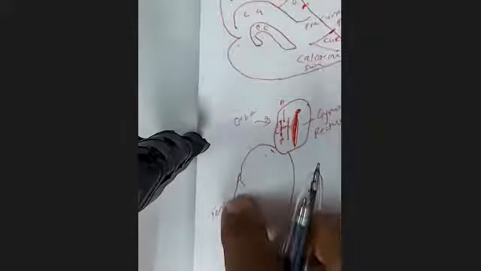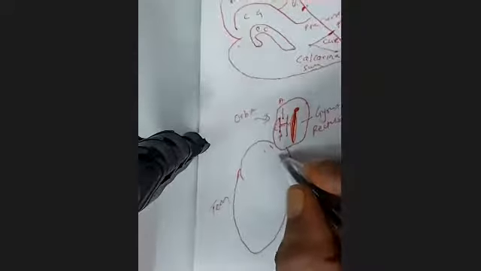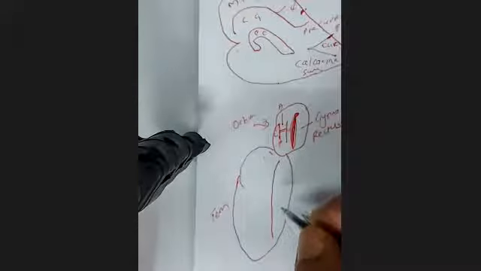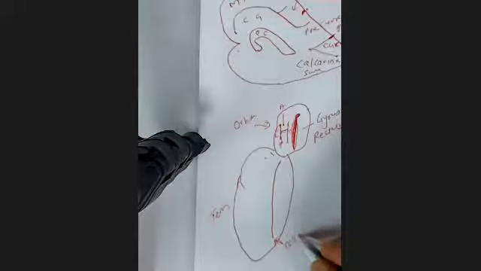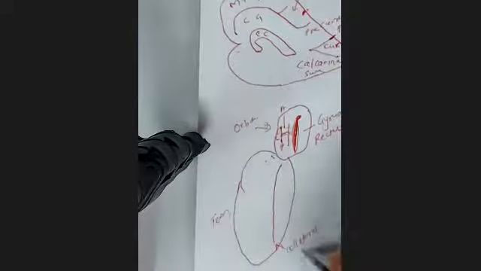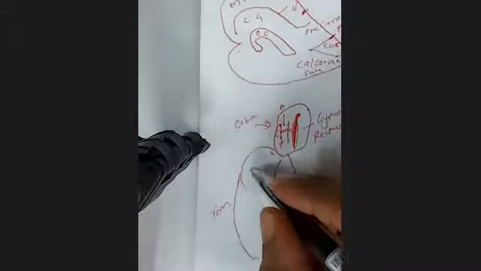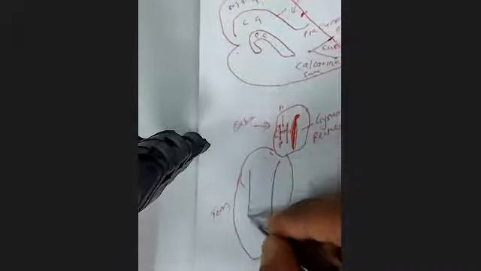Now coming to the temporal surface. The temporal surface has 2 main sulci: the collateral sulcus and occipitotemporal sulcus.